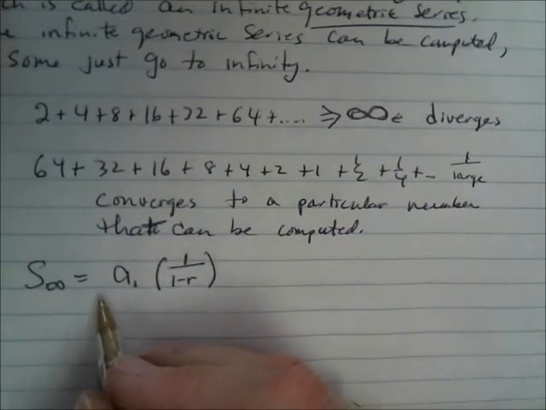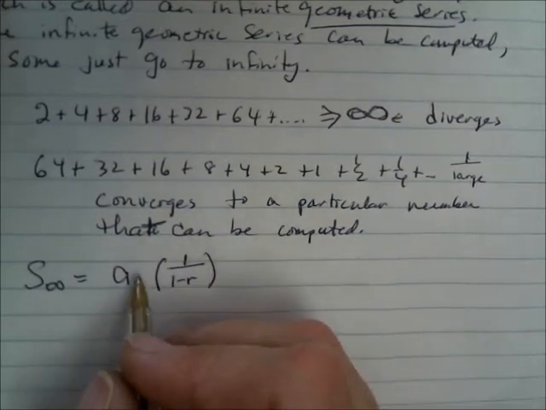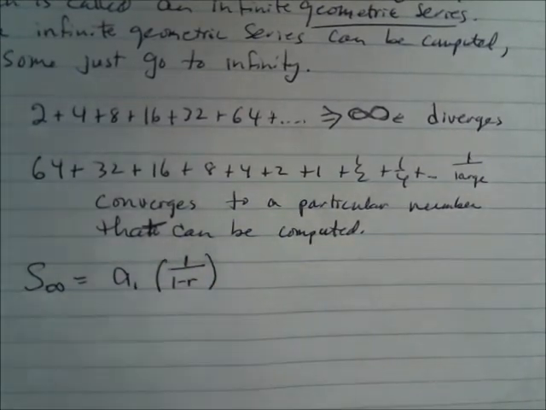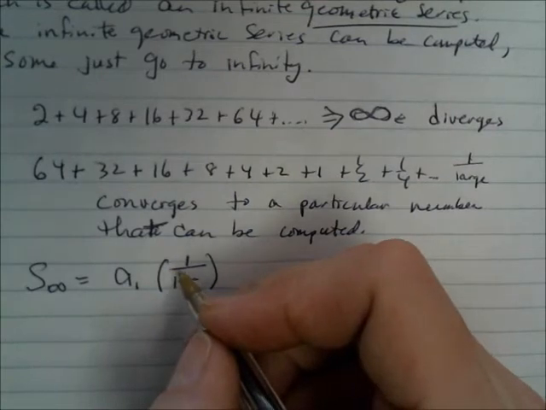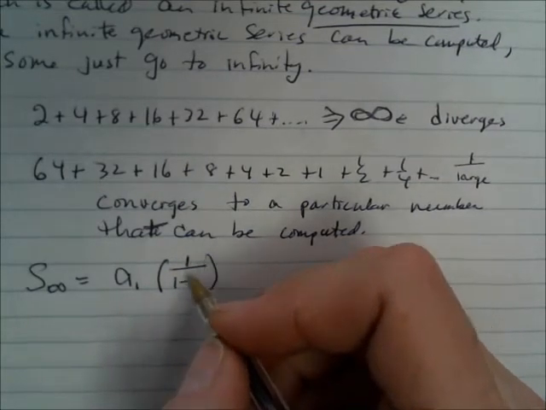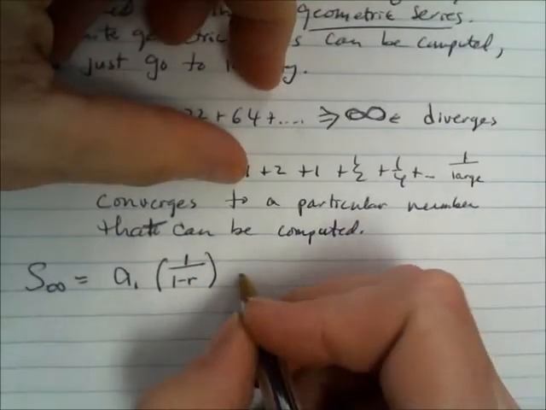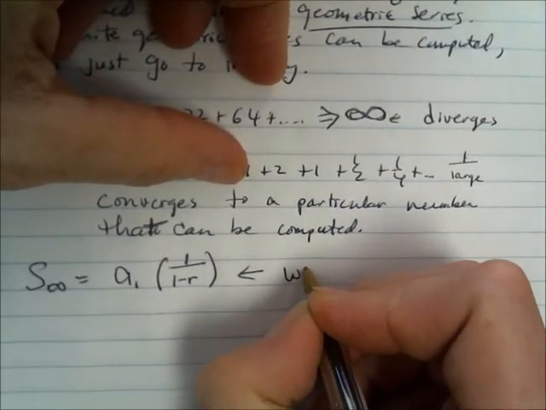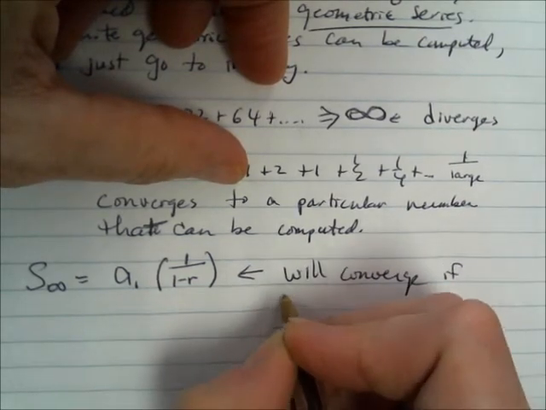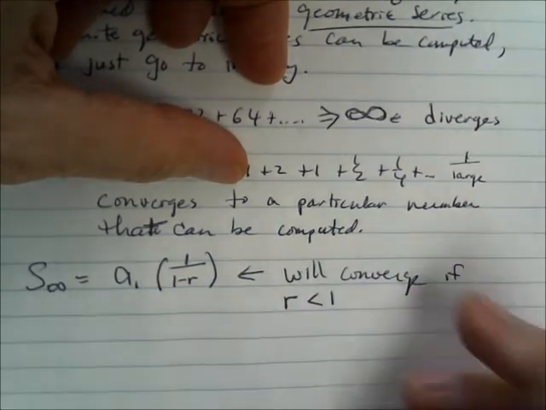And you can get this from a finite geometric series, because a finite geometric series is 1 minus R to the n over 1 minus R. And this will converge if the R value is less than 1.